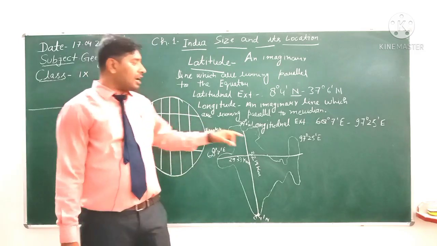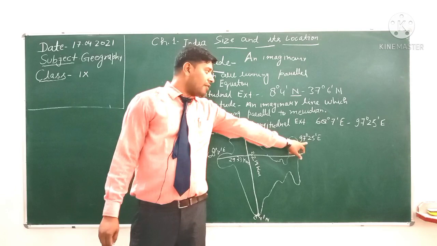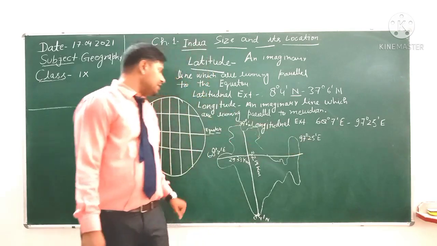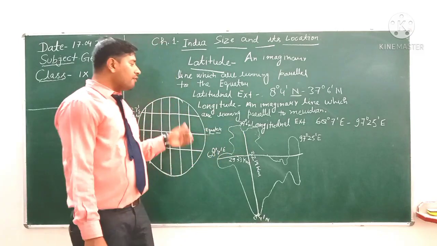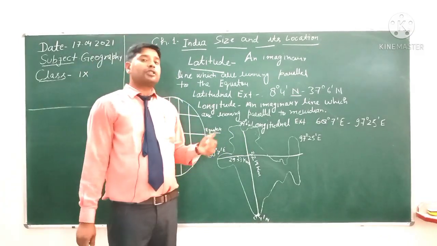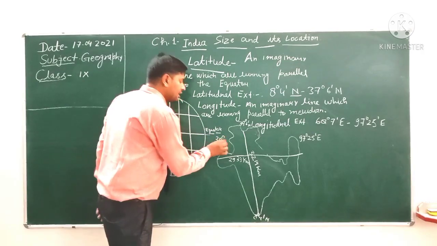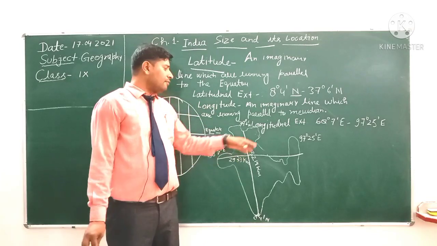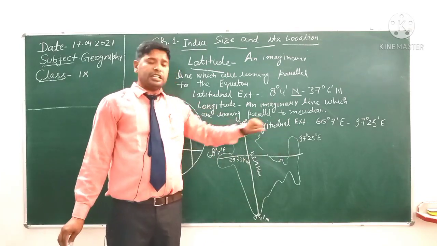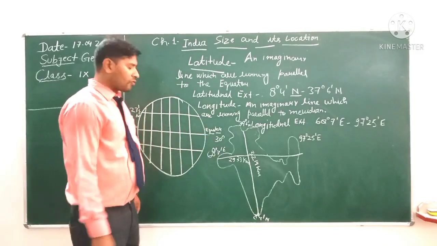If we subtract 68 degree 7 minute east from 97 degree 25 minute east, we will find near about 30 degree difference. The degree difference from north to south and east to west is near about 30 degree.